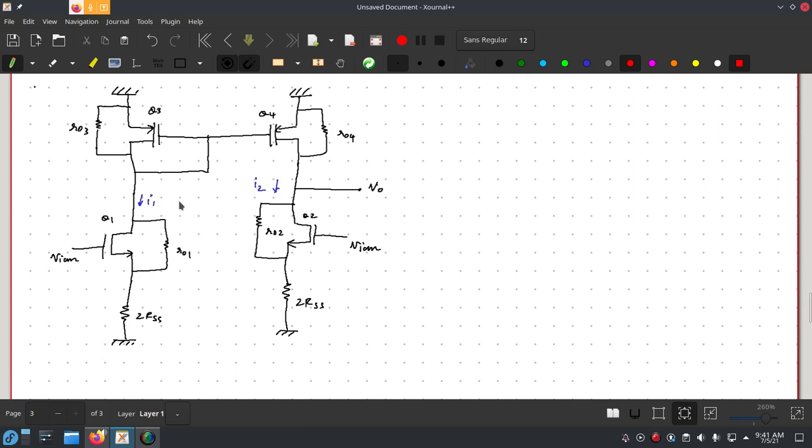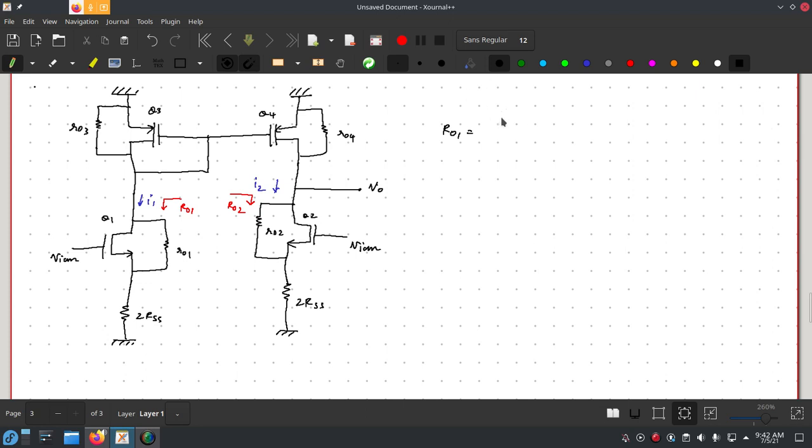Simple. This is R01, this is R02. R01 will be an amplified version of 2 times RSS in the left side, and R02 will be the amplified version of 2 RSS in the Q2 case.